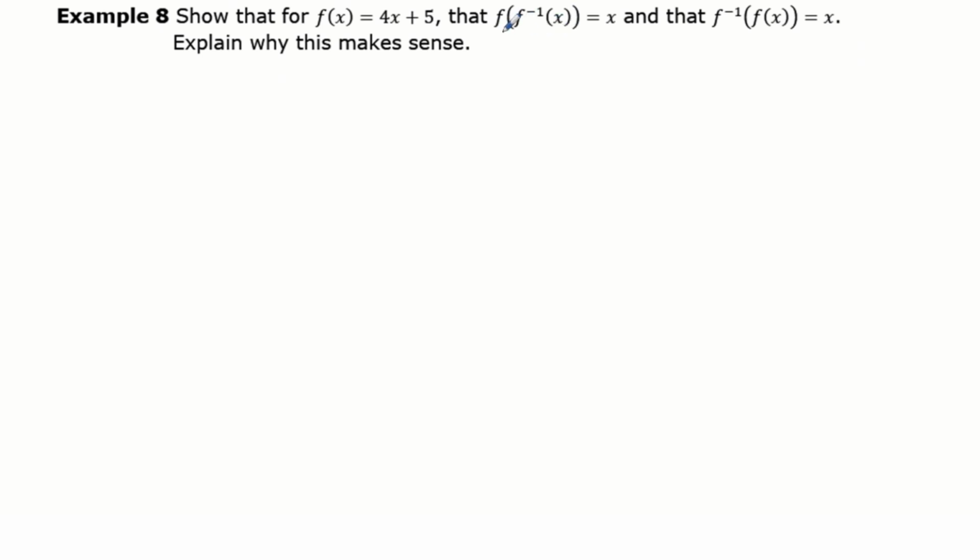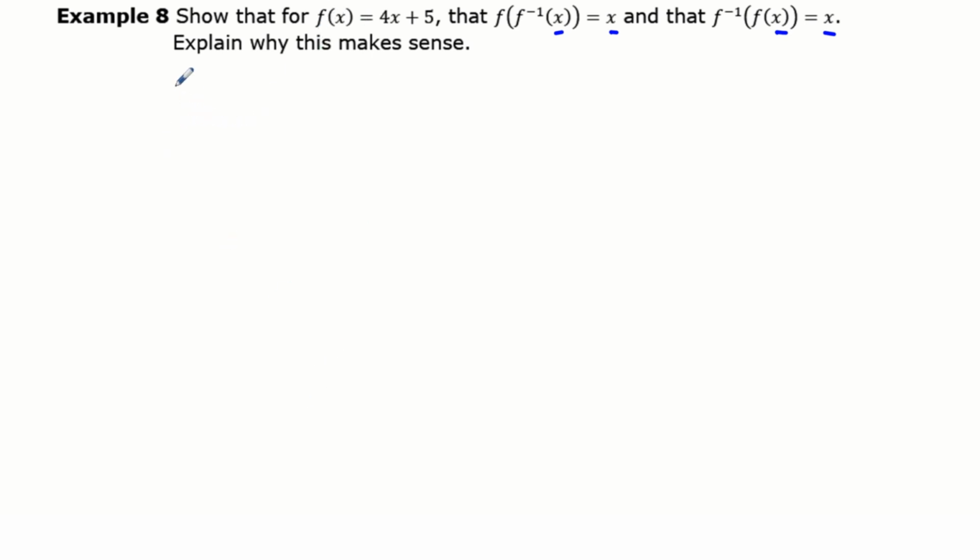Function f of the inverse of f at x will give you the input, or you could try the inverse of f at f of x. It will give you the input. So in other words, they cancel each other. So we are going to see if it works.